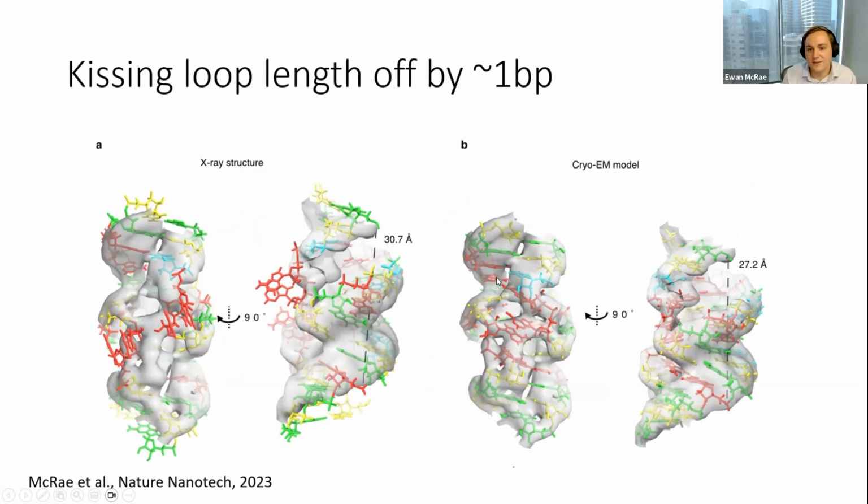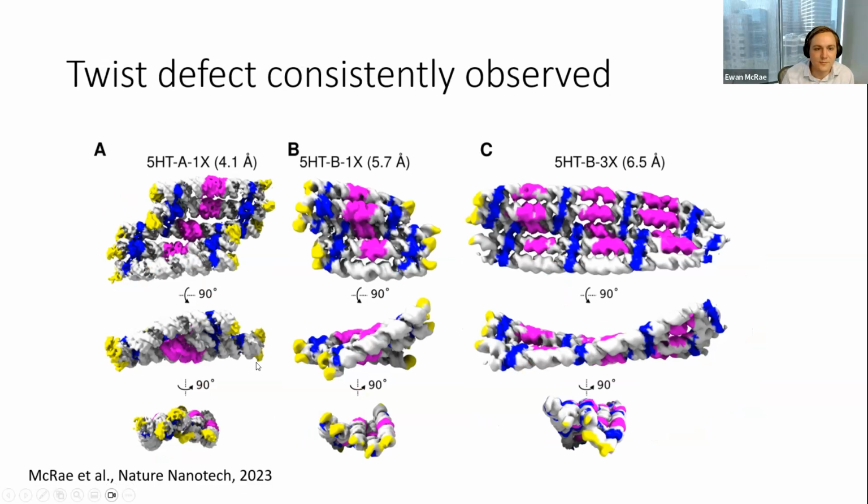So essentially, in our design, we had thought this structure would take up one more base pair of sequence space. And because it's really important to have an integer number of helical turns between the double crossovers, we think this is what was causing the twist defect.